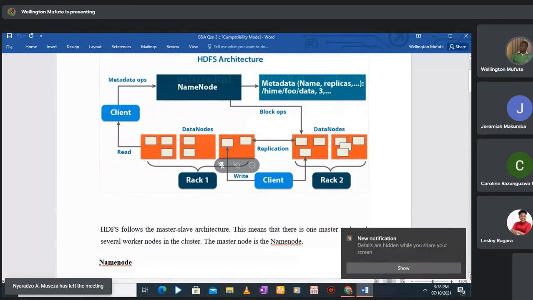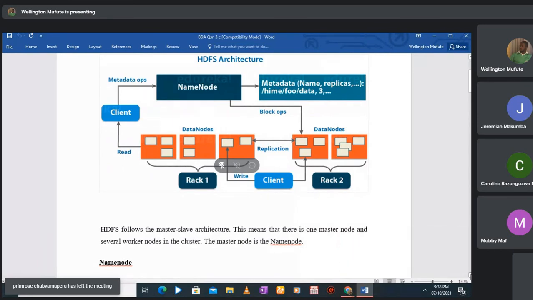In HDFS, the architecture basically follows the master-slave architecture in the cluster.